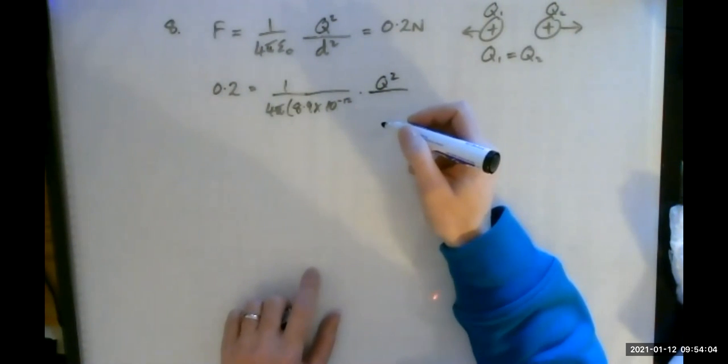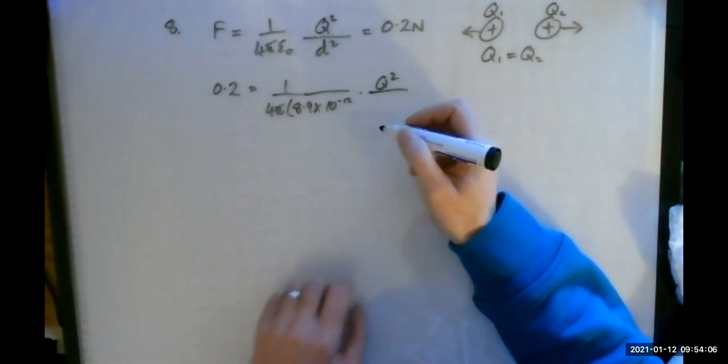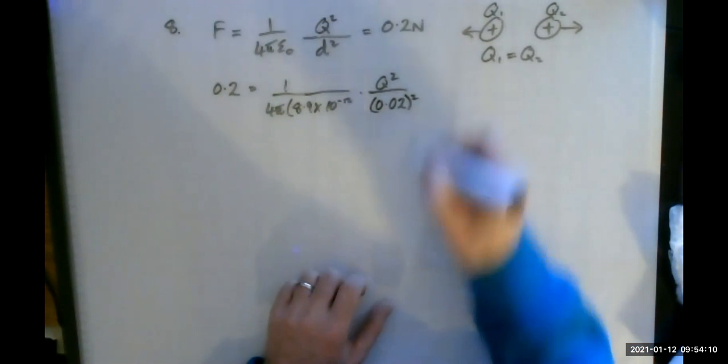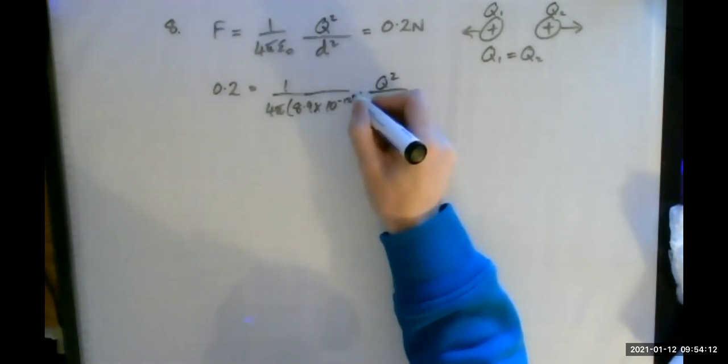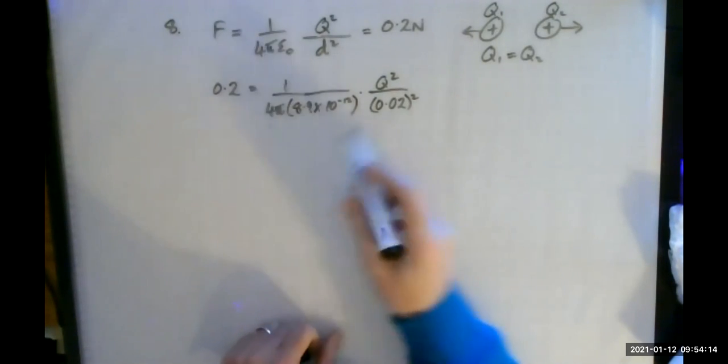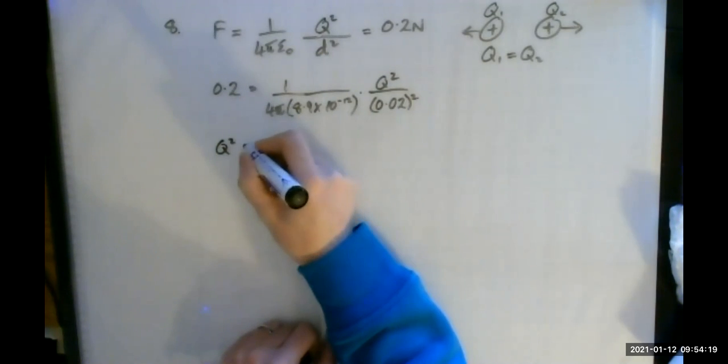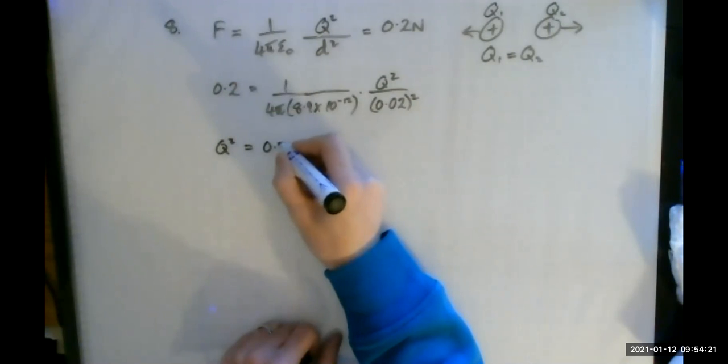The distance is 2 centimeters, so 0.02 meters squared.